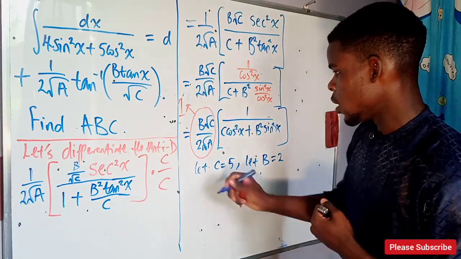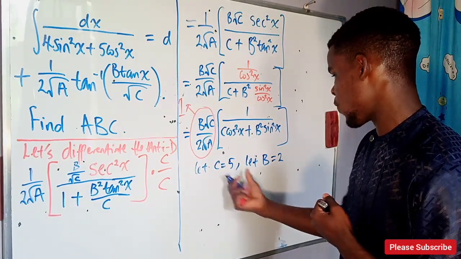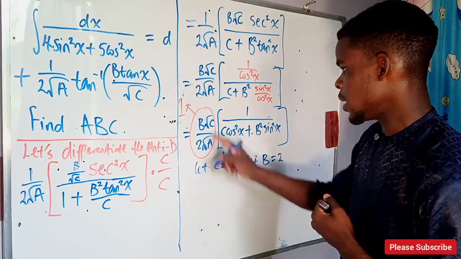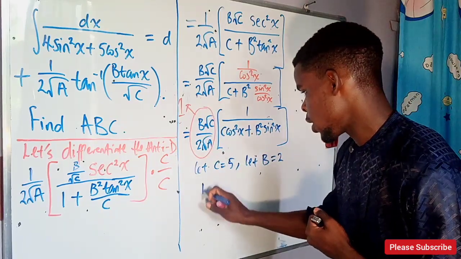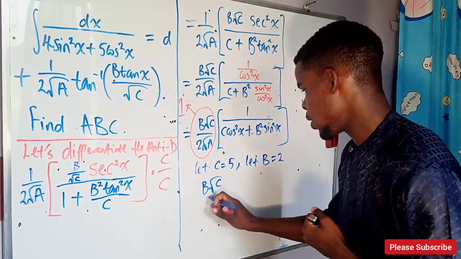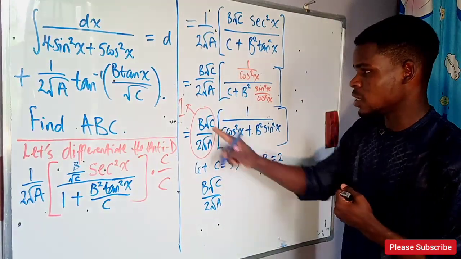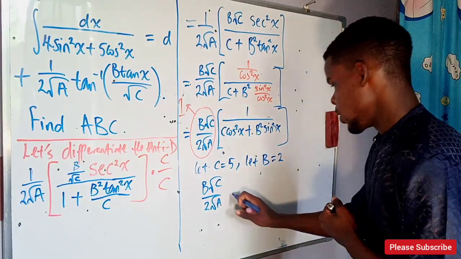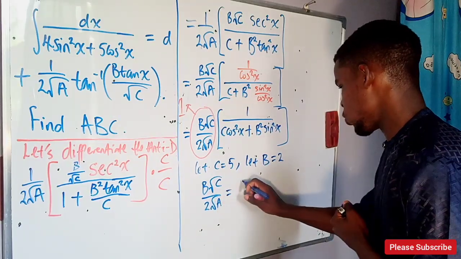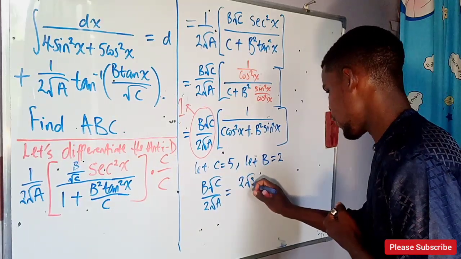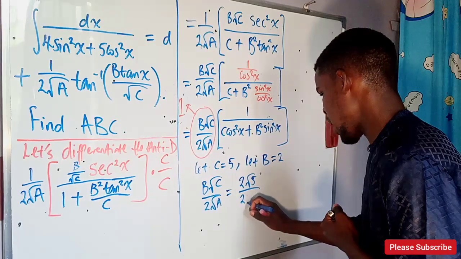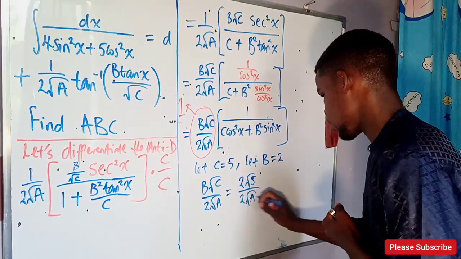Okay, great. So we notice that if we get c to be 5 and then b to be 2, then that means that this right here, which is b times the square root of c over 2 times the square root of a, for this to make sense, has to be 1, right? Well, b is 2 times the square root of 5 divided by 2 times the square root of a.